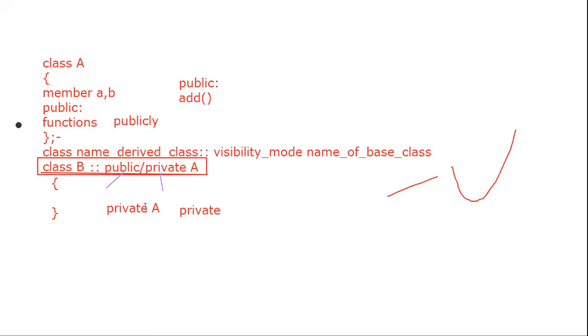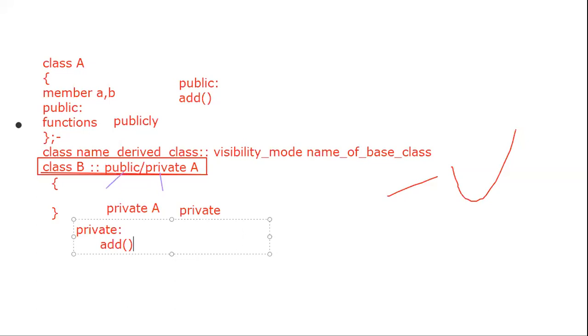Okay, and when we want that particular add function inside class B, and we mark it as private A, what will happen inside this class B? That particular add function is converted from public to private access specifier.